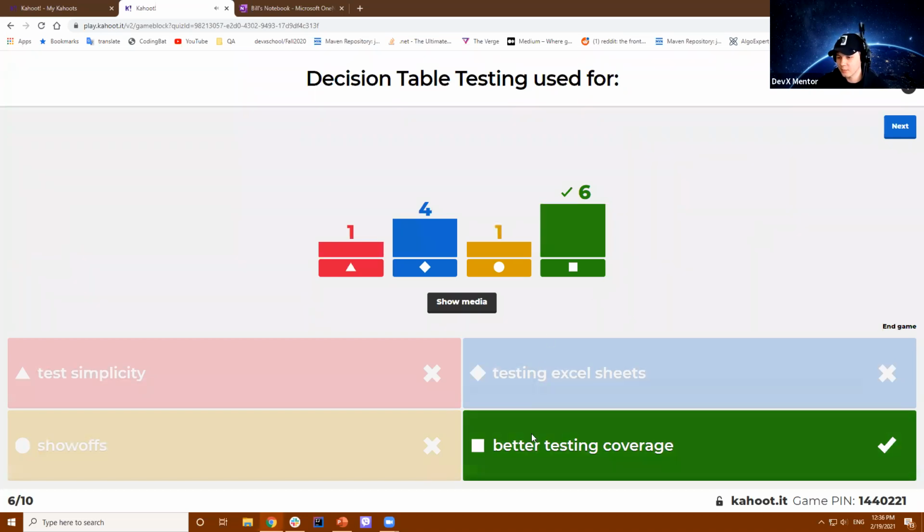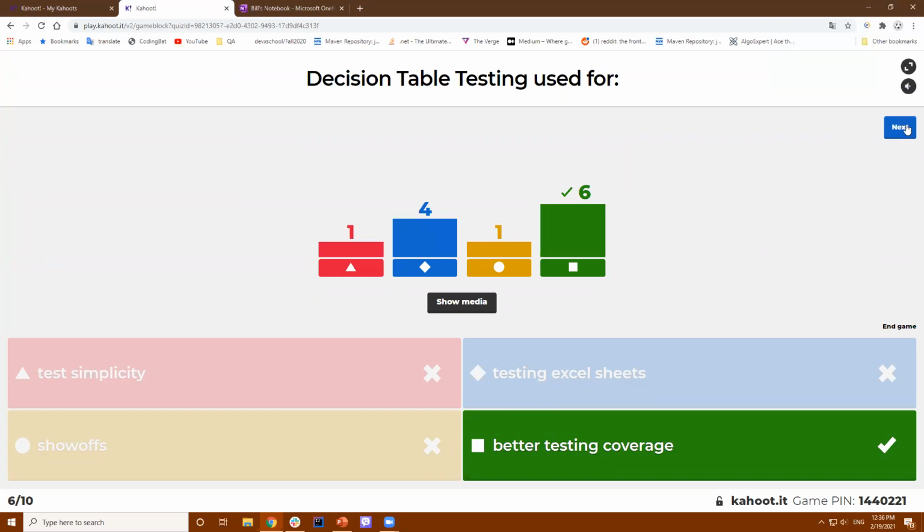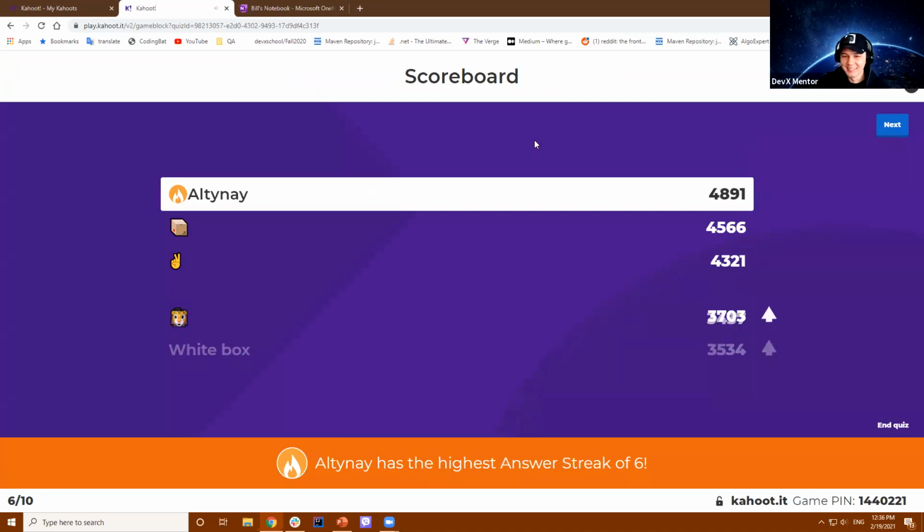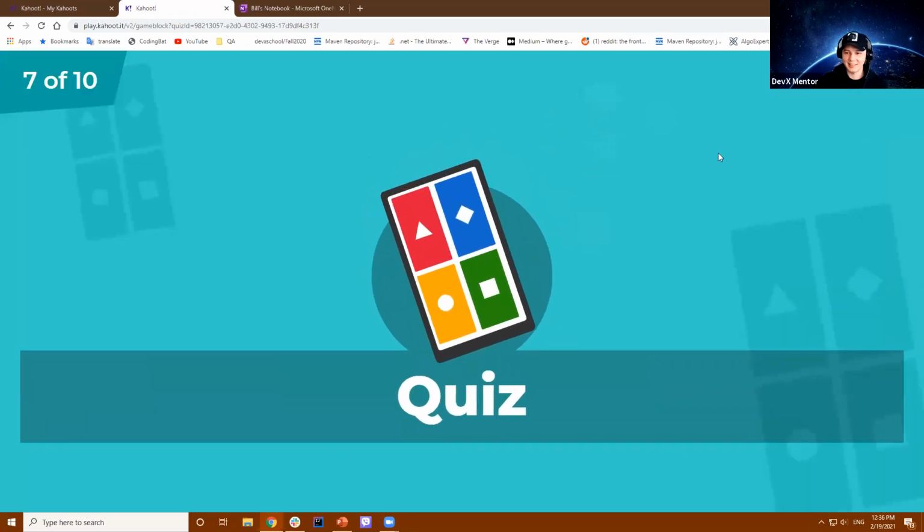It helps us increase our test coverage to see all different scenarios. Who chooses show-offs? I should make it so that everyone knows the right answers. But we're trying to be serious. I would love to make it fun, but I have to teach you something, right? Not only entertain.